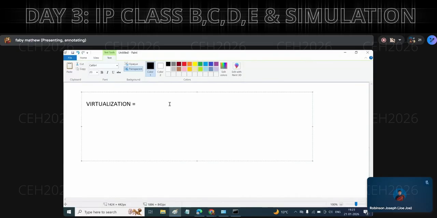With the help of virtualization technology, we are able to share our physical hardware resources to the virtual machines.